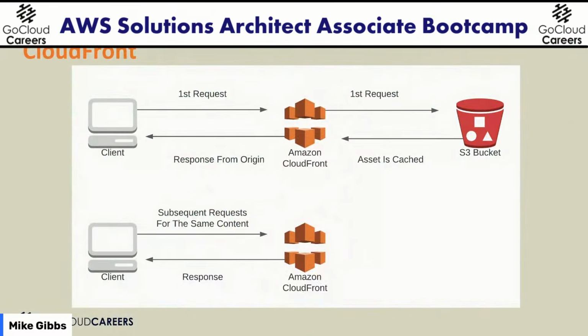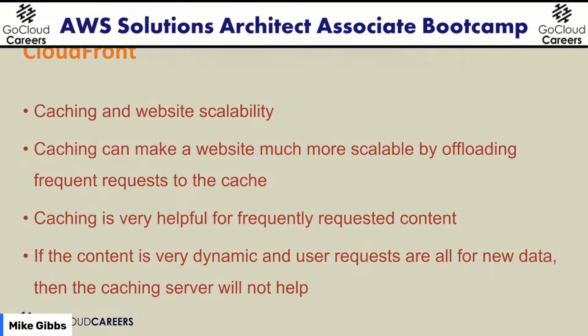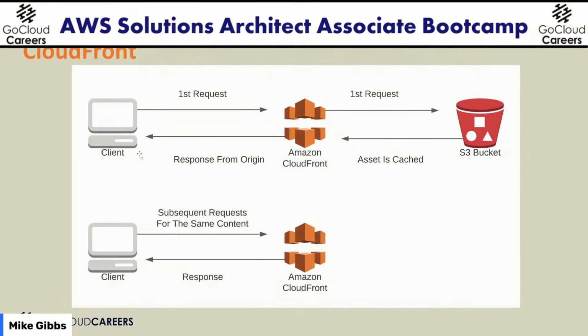So here's a situation that I'd love to show you. We've got a client, right? The client is going to a website. It's a static website that's hosted on an S3 bucket, an object storage bucket in AWS. It sends the request to CloudFront.